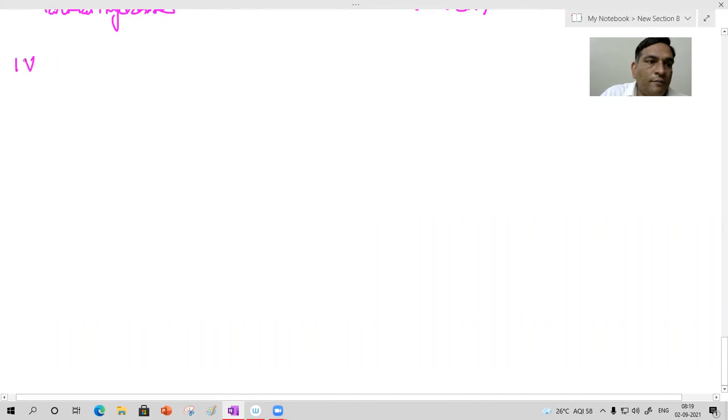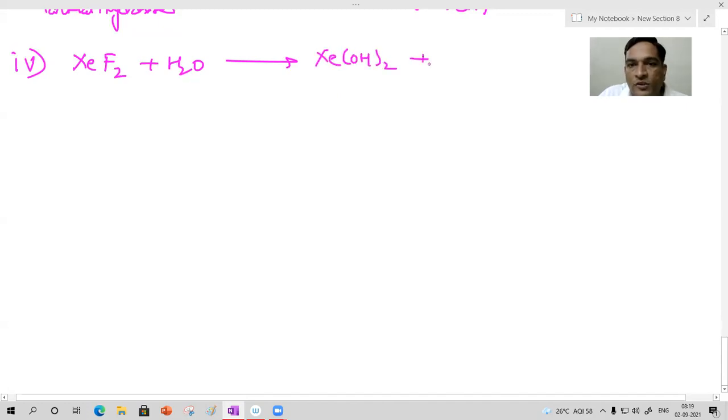Fourth, one more example, inert gases. XeF2 is hydrolyzed, replaced and getting OH. Xenon hydroxide plus 2 mole of HF, here 2H2O. It is highly unstable.